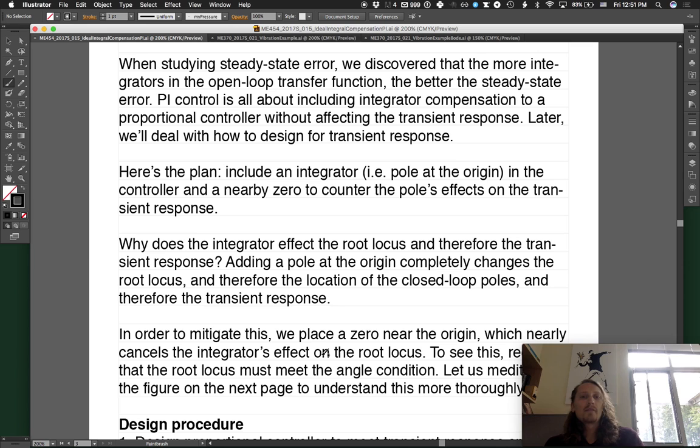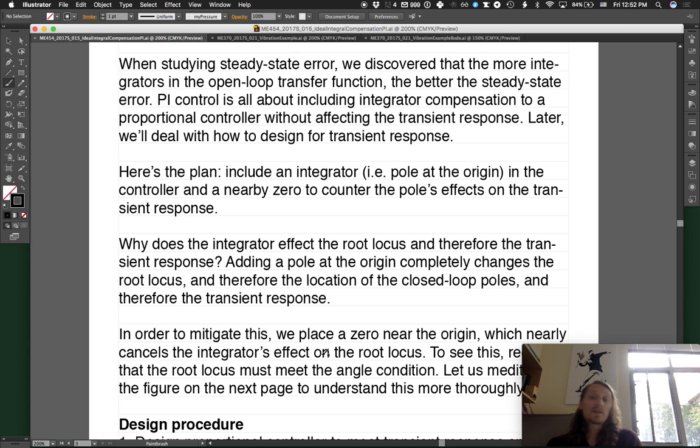So here's the plan. Include an integrator, which is just a pole at the origin. So put it in the controller, and include a nearby zero to counter the pole's effects on the transient response. So the integrator alone actually drastically changes the root locus. And so we can't just pop an integrator in there and expect that the transient response is just going to be fine. In fact, the transient response is going to change drastically.